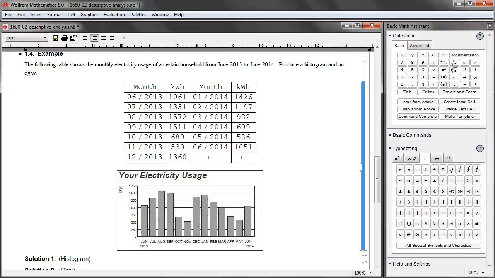What is the fundamental difference between histogram and bar chart? The width has to be class interval, and height has to be frequency. In this case, neither. Width has no meaning actually in this case. January, February, March, those are just nominal variables. And that height is not really frequency either, it's just electricity usage.